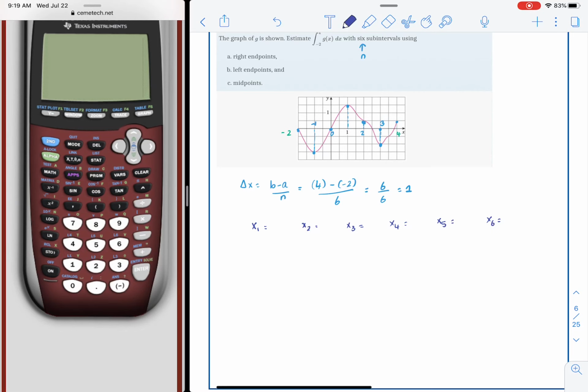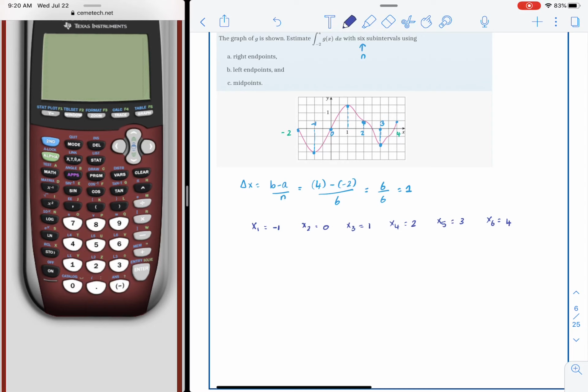We'll start backwards. x6 is 4 because right endpoint, then 3, 2, 1, 0, and -1. So that is for the right endpoint case.